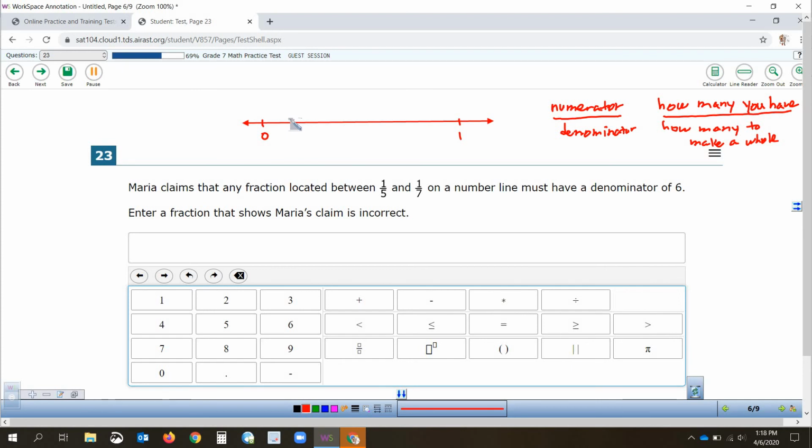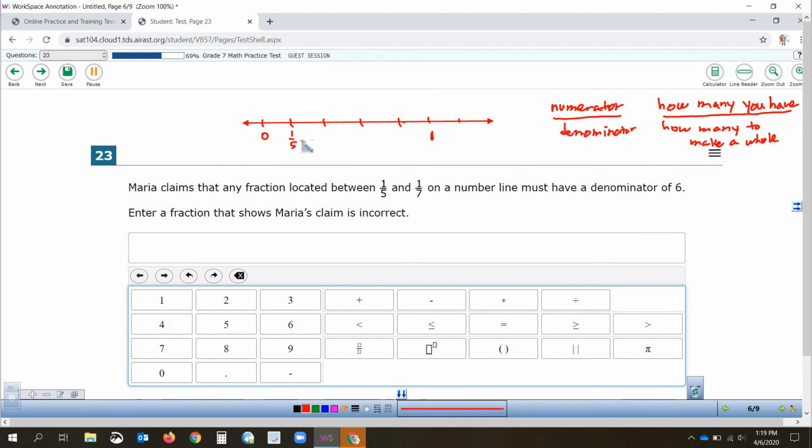So I'm just going to sketch here. All right, I didn't do a very good sketch, did I? So, all right, I'm going to make this 1/5. That would make this 2/5, 3/5, 4/5, and that would make this 5/5. So that's 1.